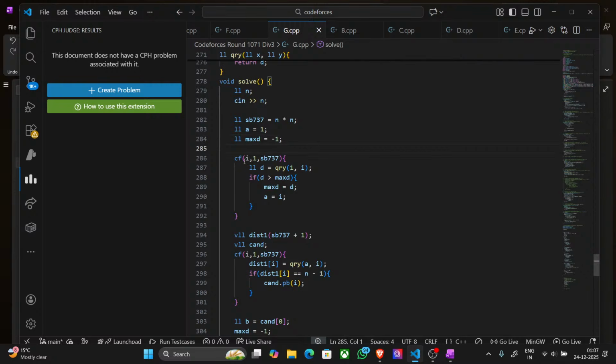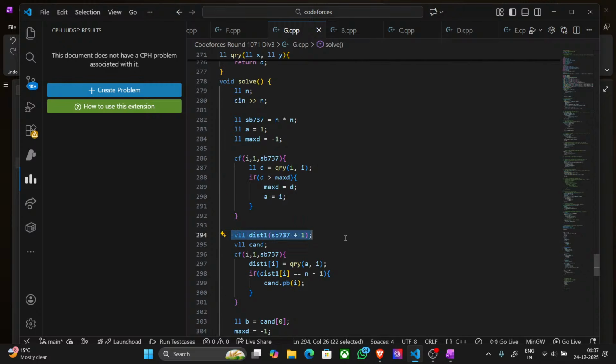Now I have iterated from 1 to n square, and I have queried from 1 and I, which means I have queried from the first penguin to every other penguin, like 1 to 1 again, 1 to 2, then 1 to 3, 1 to 4, up to n square. I have queried all the penguins. I have found the maximum distance, and I have updated my penguin name as I, meaning the penguin which has the maximum distance.